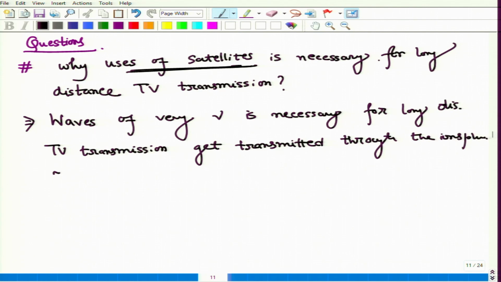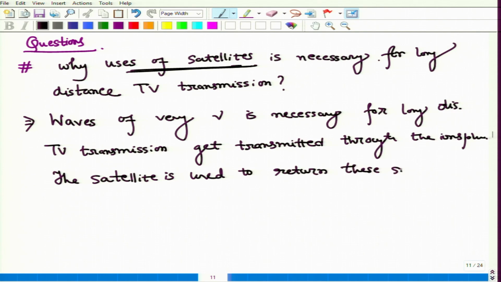And that's why the satellite is used. Okay. So there are many other questions.